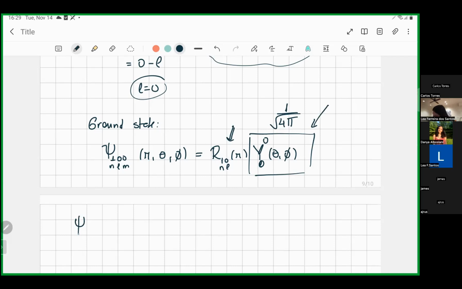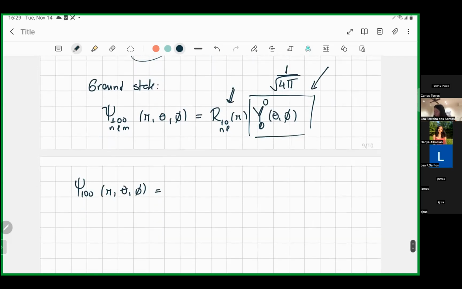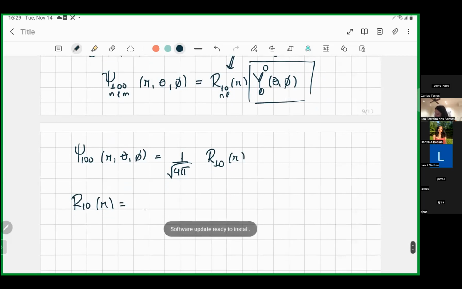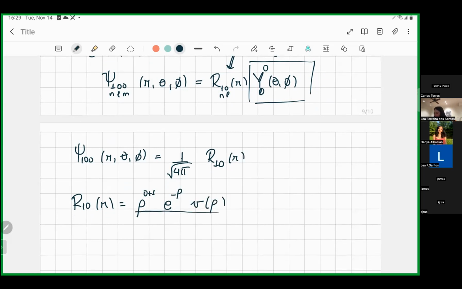Okay, so let's write our solution. Well, we have the 1 over 4 pi coming from the spherical harmonics, and now we need the R. What is this R? Rho to the L plus 1. But L is 0, so it is rho to the 1. Then we have exponential of minus rho. Then we have the V of rho. This numerator is the U function. Remember that the R is U divided by r.